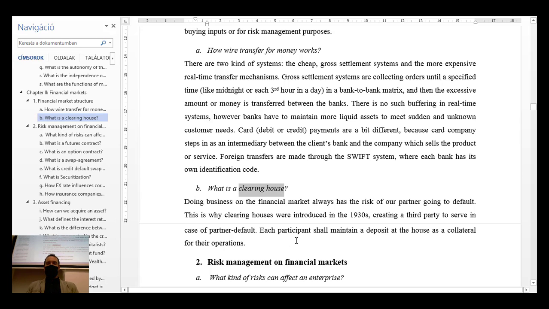The concept of the clearing house was created in the 30s after the first Great Crisis.